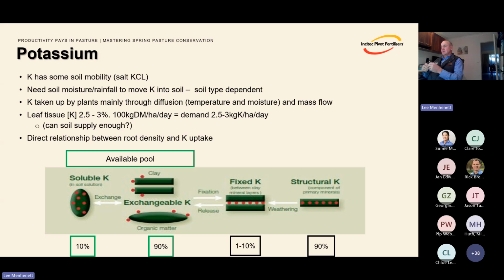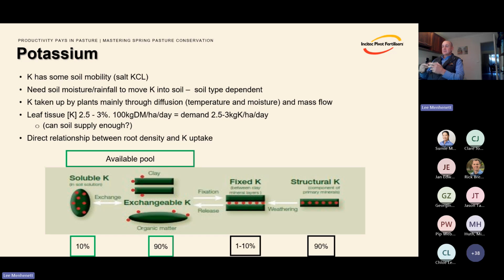The thing that we just need to consider with potassium is it's not like phosphorus, in that it's required by the plant in much larger amounts. So typically we see leaf tissue K levels in the range of 2.5 to 3%. So if our spring dry matter production growth rates are 100 kilos of dry matter per hectare per day, the demand, from the soil supply to the plant uptake, is going to be somewhere around 2.5 to 3 kilos of potassium per hectare per day.